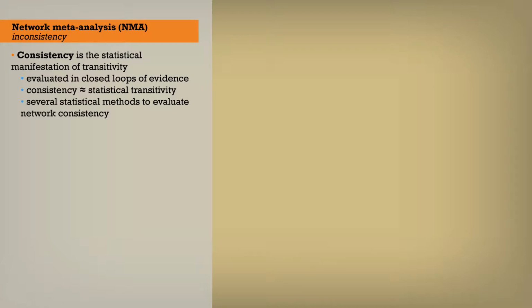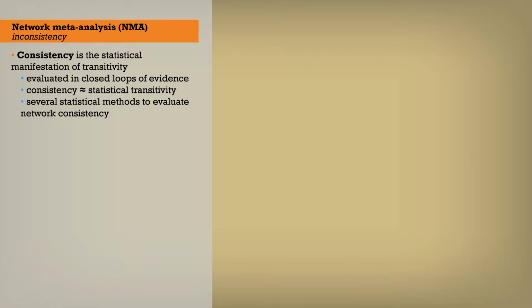There are several statistical methods to evaluate whether a network is consistent and detect hotspots of inconsistency. All methods, however, are characterized by low power, and their performance depends on the amount of residual within comparison heterogeneity.